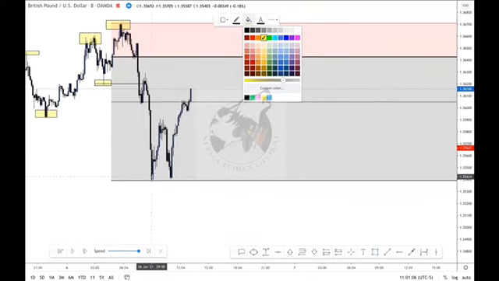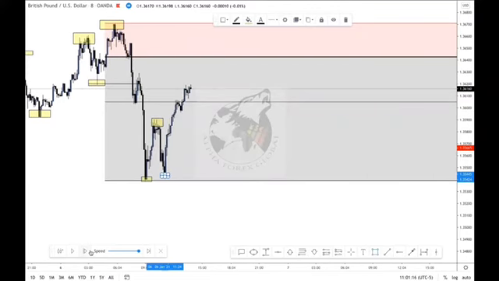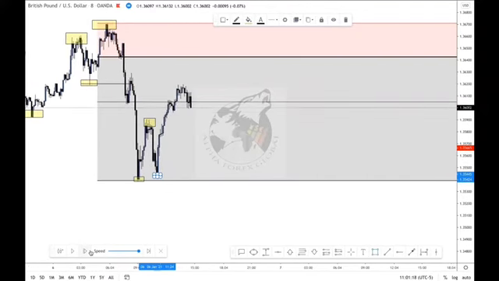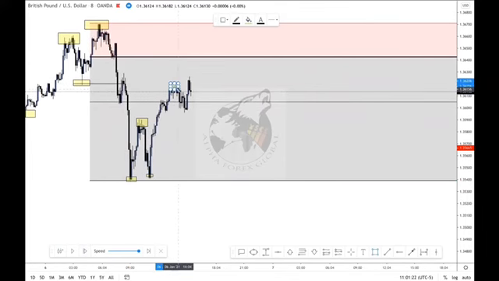So the market created this low right here, this high right here, this high low right here, right? Then the market pushed up. Let's play this. The market created a high here, the market created a high low here, right?